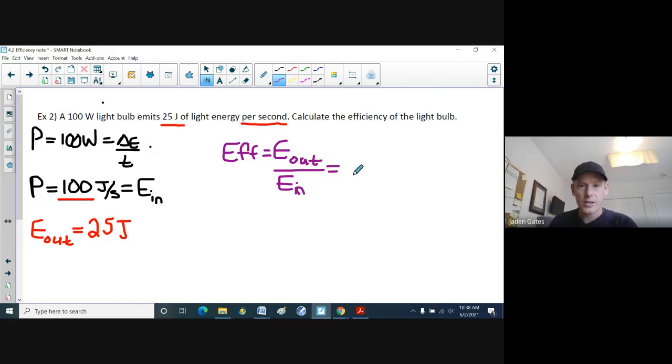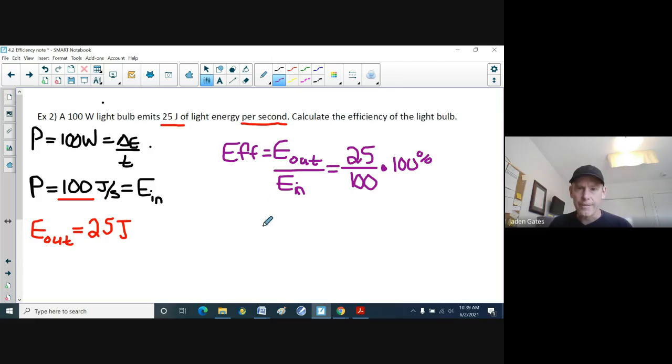And I'll tell you, this is not going to be the right, well, we'll get to that. Output, so 25 joules, so a 25 on top. This is a 100-watt light bulb, so it equals 100 joules per second. So we're talking about per second here. The input is 100 joules of electrical energy. And again, I can't forget times 100%.